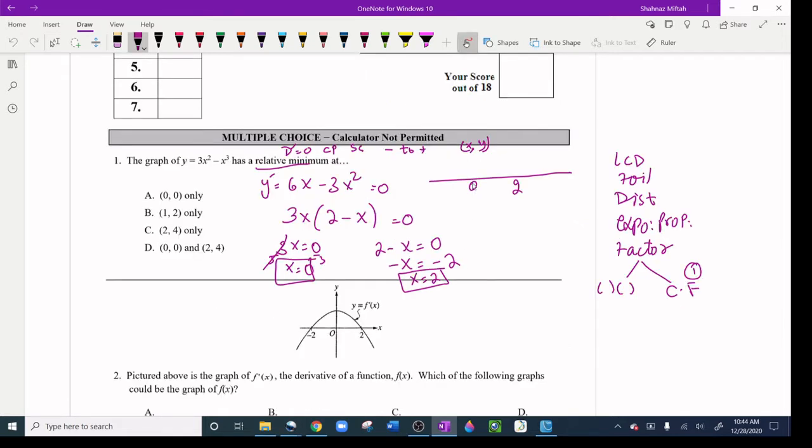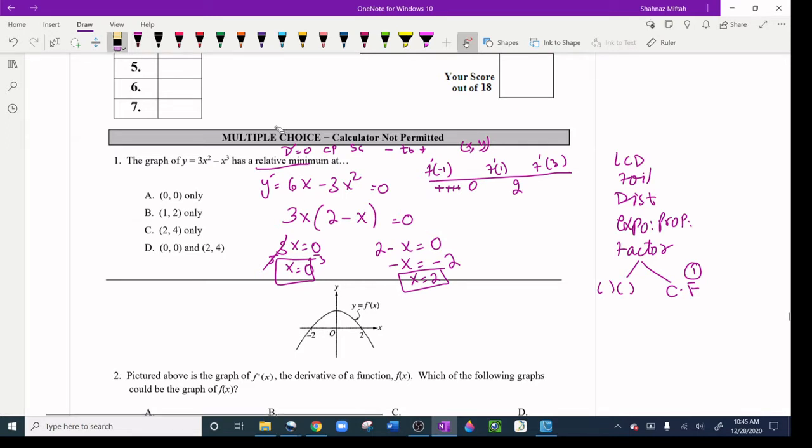In the sign chart with 0 and 2, pick something on this side, probably negative 1, and plug it into the derivative f prime. If I plug in negative 1, it's going to give me negative 6 and minus 3, so positive. No, it's going to give me negative.